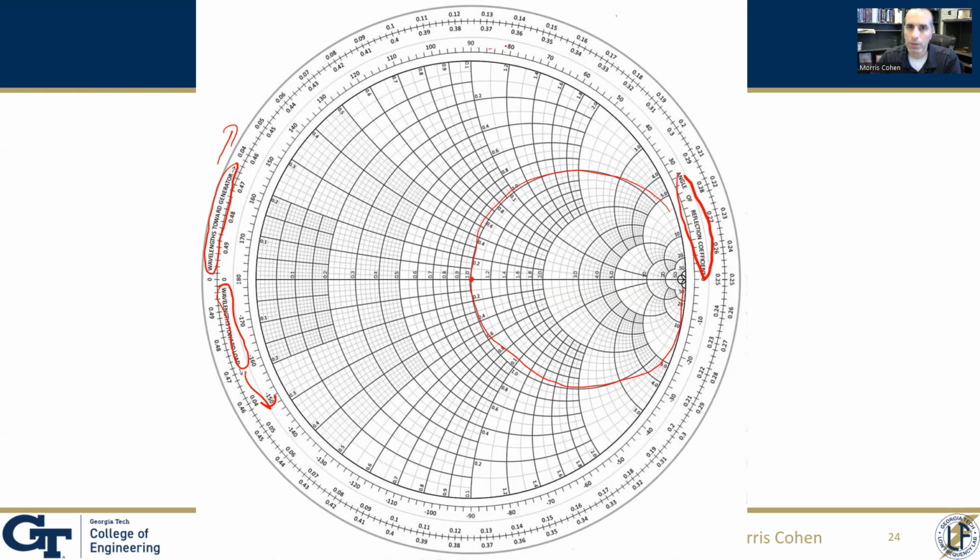This is the angle here in degrees, 80 degrees, 70 degrees, 60 degrees. And you've also got the magnitude of the reflection coefficient labeled here as well. So all the information that you need is captured in this Smith chart.